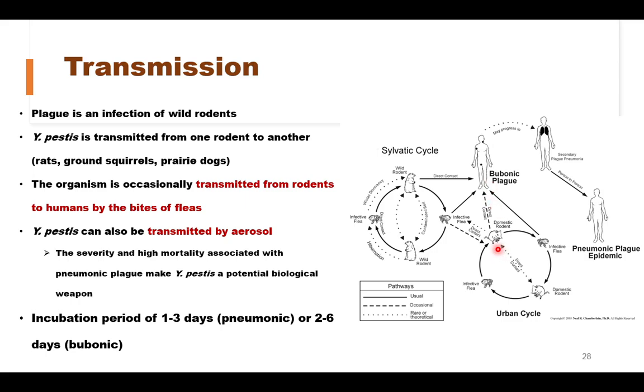You can also have direct contact with infected domestic rodents, okay, or fleas that have fed on infected domestic rodents. All these are ways by which humans can become incidental hosts. Is that clear? Now, when you have pneumonic plague, then it can become a person-to-person transmission situation.